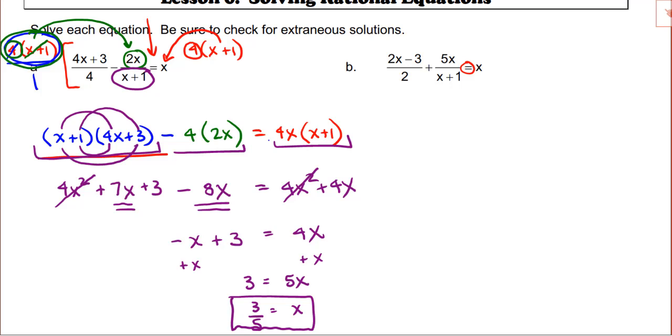What x value is going to be bad in this problem? Negative 1. Because what's negative 1 plus 1? 0 in the denominator. We were lucky it wasn't. But I want you to be good because you can't always be lucky. And so what you do is you check for answers that don't work.